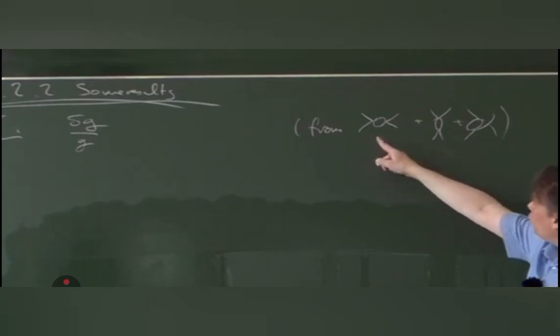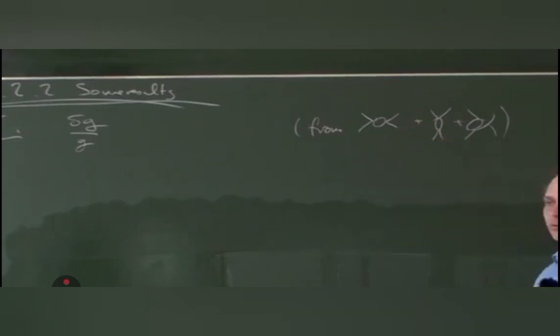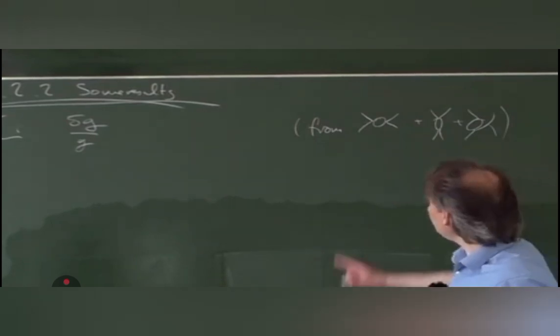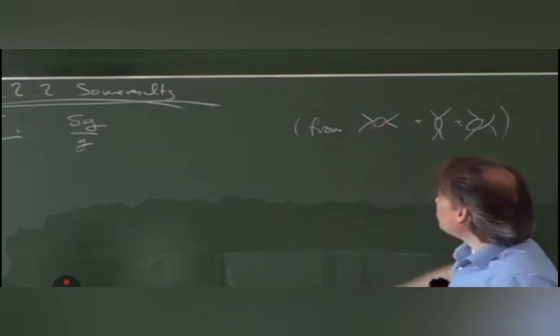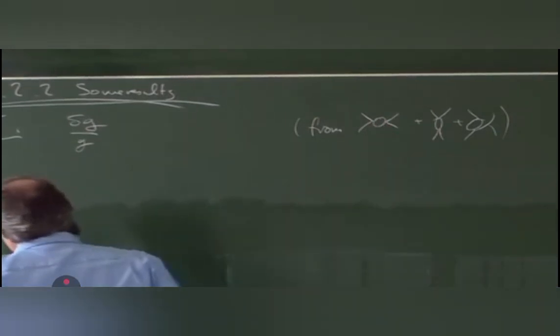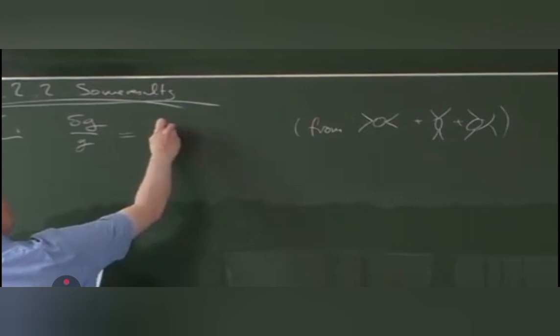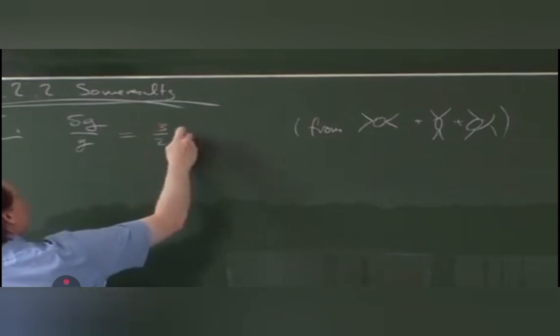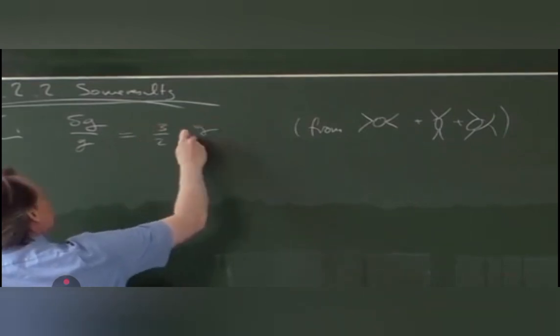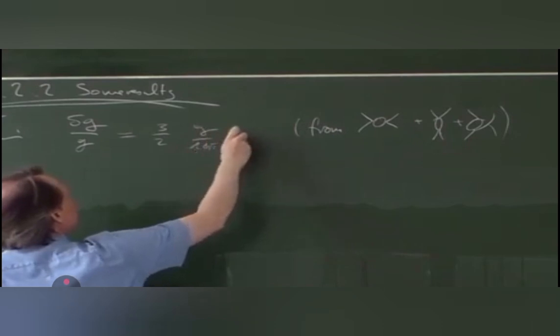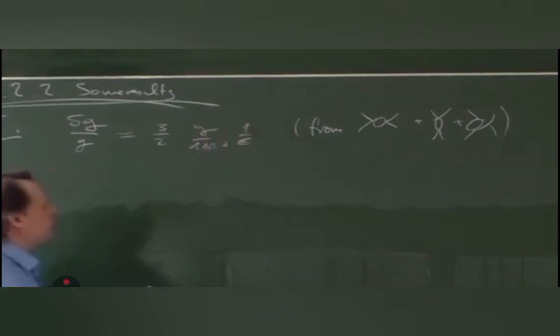Therefore, overall, these 3 add up to 3 over epsilon times the usual 1 over 16π² prefactor, and you also see each one has coupling squared. So δG over G has the following result: 3 over 2 times G divided by 16π² times 1 over epsilon.